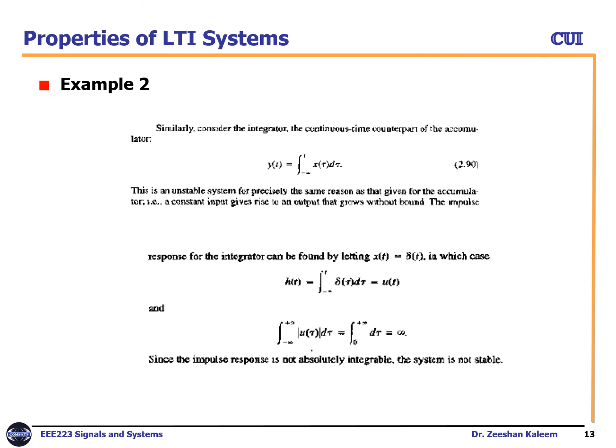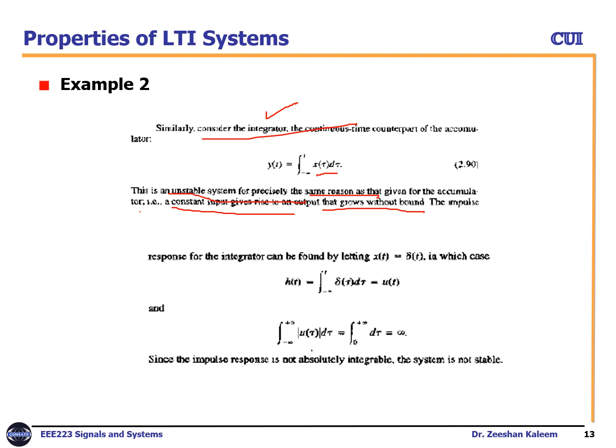Now take another example. Consider the integrator, the continuous time counterpart of the accumulator, because the accumulator is in discrete time, and similarly we call it an integrator in continuous time. So the integral from minus infinity to infinity of x of tau is an unstable system for the same reason as that given for the accumulator, that is, a constant input gives an output that grows without bound.